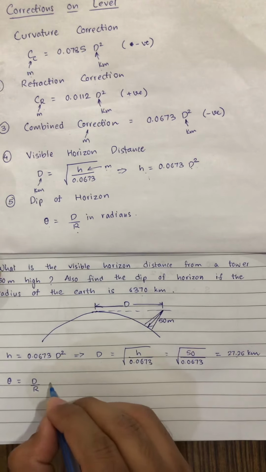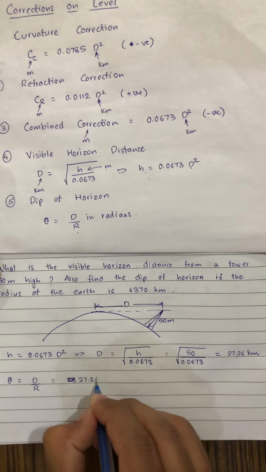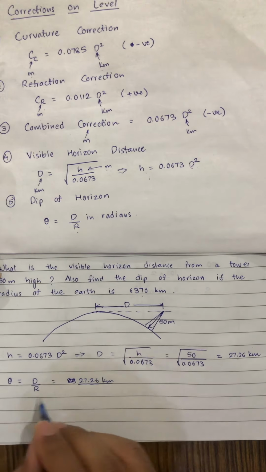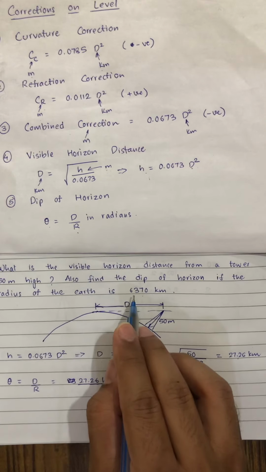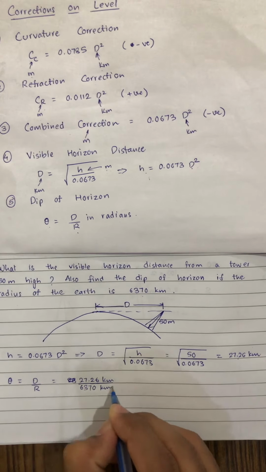So this is 27.26 kilometers upon r, the radius of earth, which is given as 6370 kilometers.